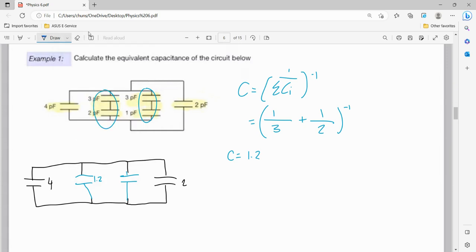And if we did the same for this next one here, this is 3 and 1. So C is equal to 1 over 1 plus 1 over 3, the whole thing to the -1. So 1 divided by 3 plus 1, and this is 0.75.